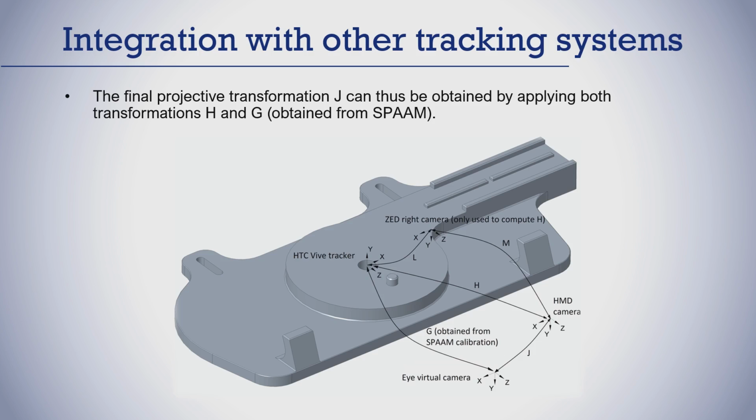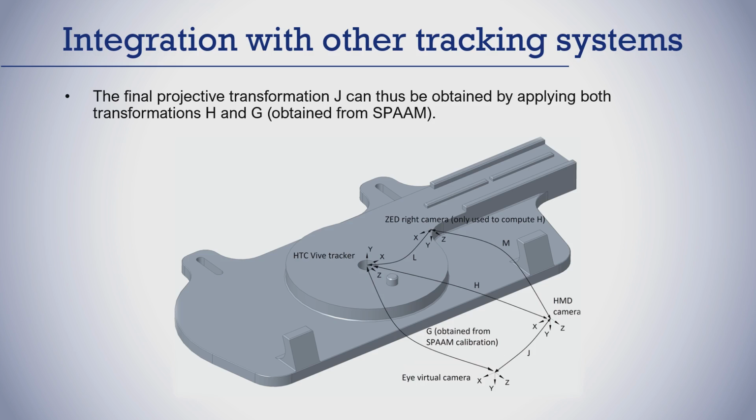So this is the camera of the HMD, and here is the reference frame of the tracker. We want to find basically this transformation, which is the transformation between the user eye and the reference frame of the tracking system of the headset.